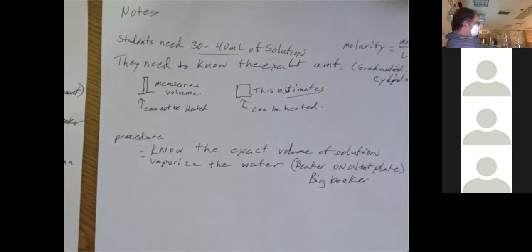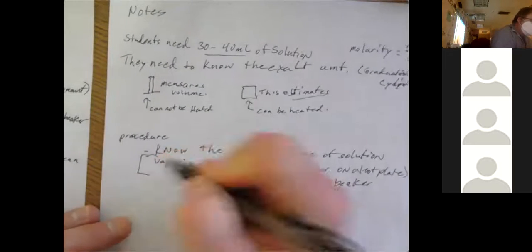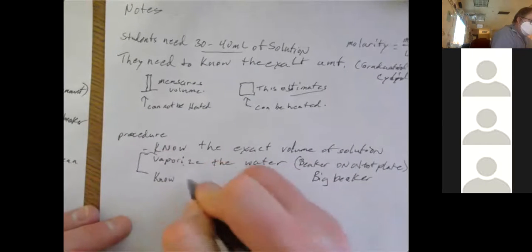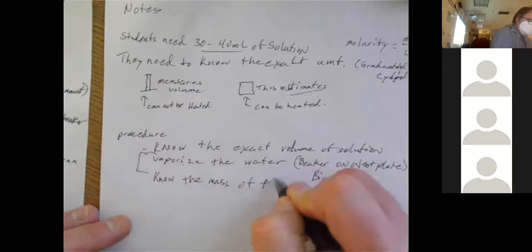It'll be wet until we completely dry it, and as we completely dry it, it's going to stick to the side of the beaker. There's no way we're going to be able to pour this onto the scale. So how can we get the mass of the salt if it's all stuck to the beaker? You got it. So there's a little side step here. Before we vaporize the water, we got to know the mass of the empty dry beaker.